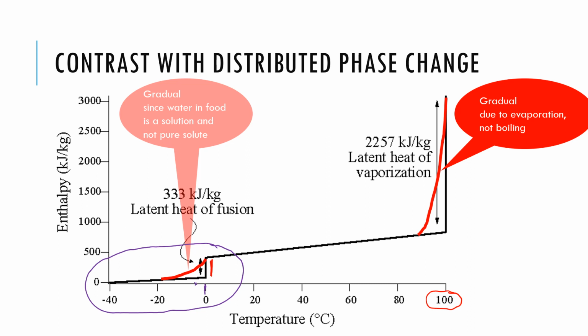This also does not have to happen at exactly one temperature, because when the temperature is high enough in this region and food is like a porous medium, there is enough empty space for evaporation to happen. So evaporation can happen at temperatures lower than 100.